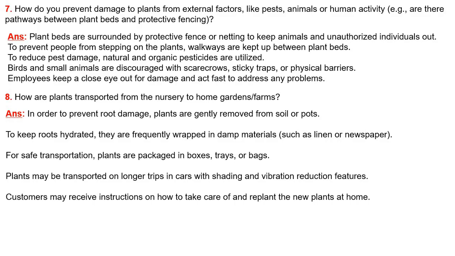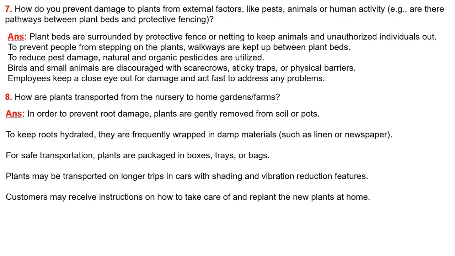To reduce pest damage, natural and organic pesticides are utilized. Birds and small animals are discouraged with scarecrows, sticky traps or physical barriers. Employees keep a close eye out for damage and act fast to address any problems.